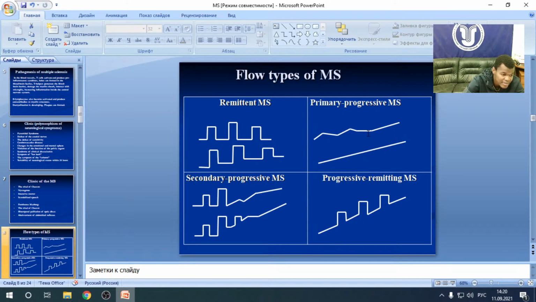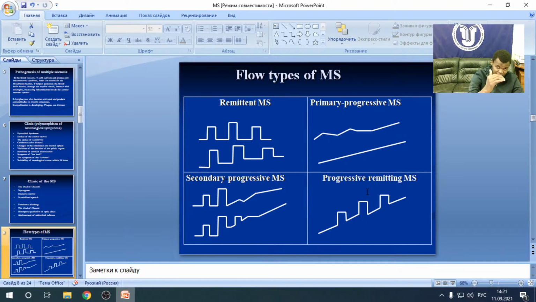But with secondary progressive MS, it starts, and after that it doesn't finish. The symptoms won't finish at all, and a little bit remains. Next time it starts, again a little bit remains, and like this it continues.